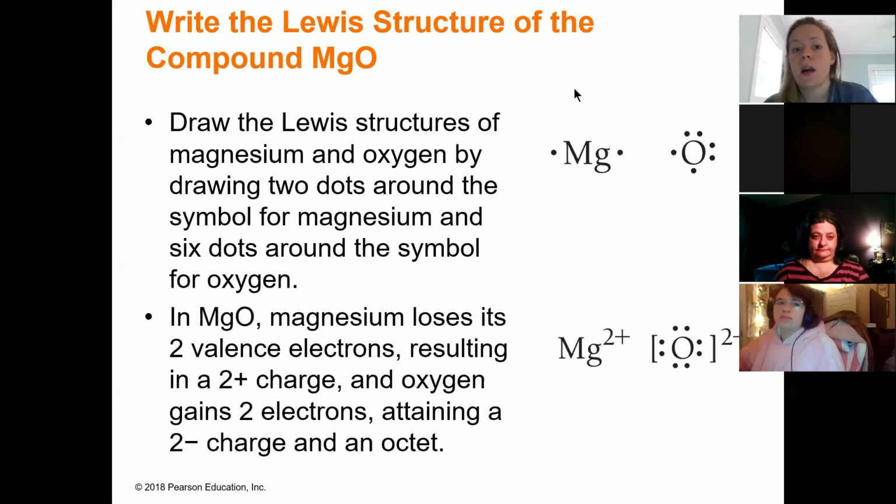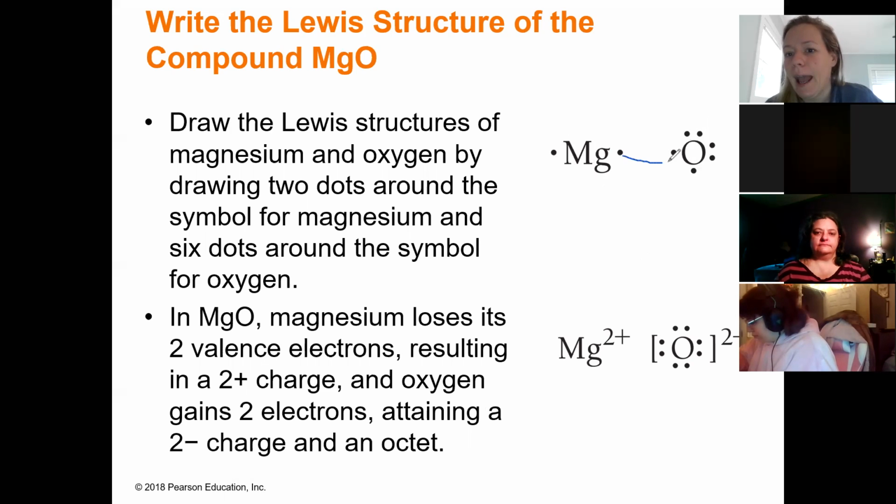Let's look at this over here. I've got magnesium and oxygen. Magnesium has 2 of these electrons. Do we want to add 6 more electrons? No, that's too much. Instead, we're going to strip these 2 electrons away. And then there's an oxygen over here. This has 6 electrons. Are we going to strip the 6 electrons away?